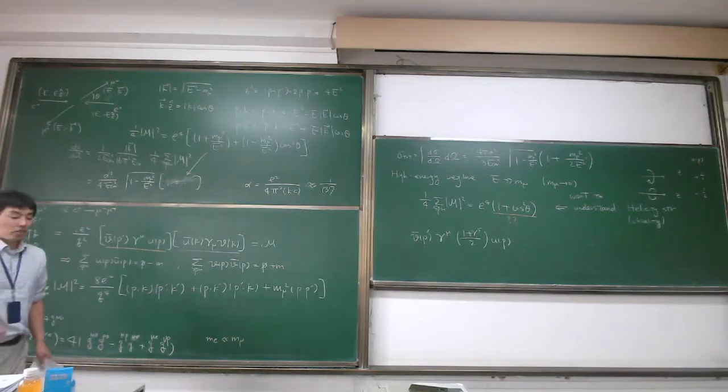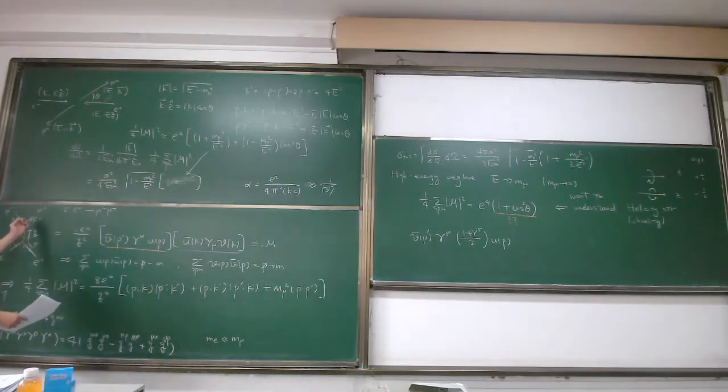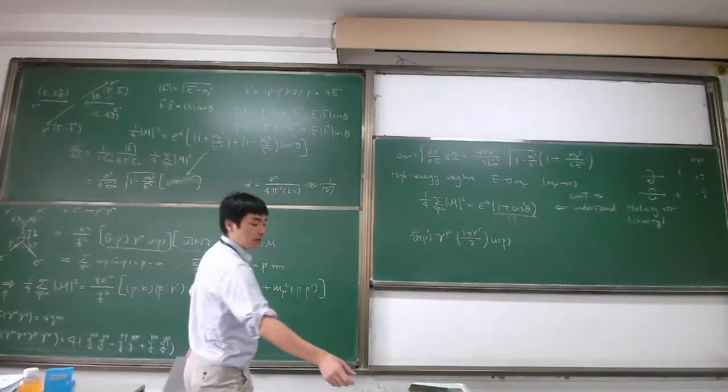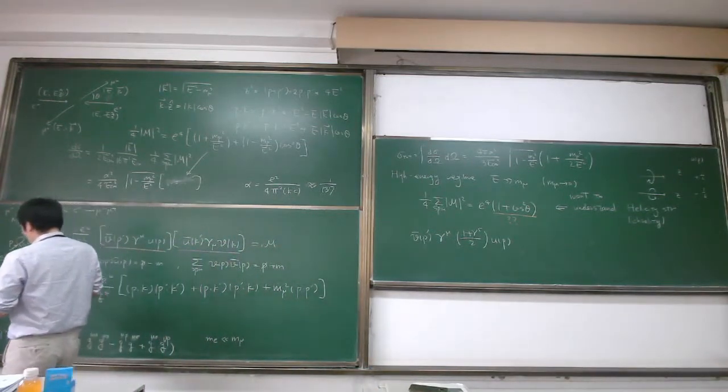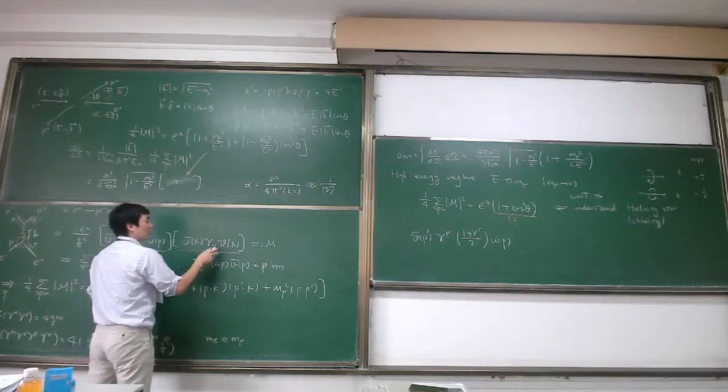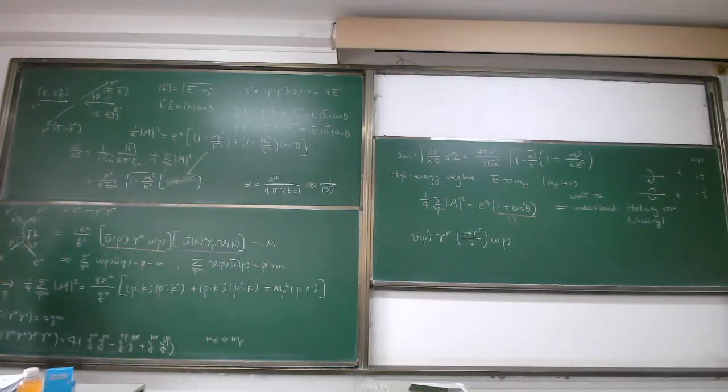So v of K prime is the outgoing positron, and u bar of K is not a positron but the anti-muon, and this is mu. Sorry, I told you wrong.